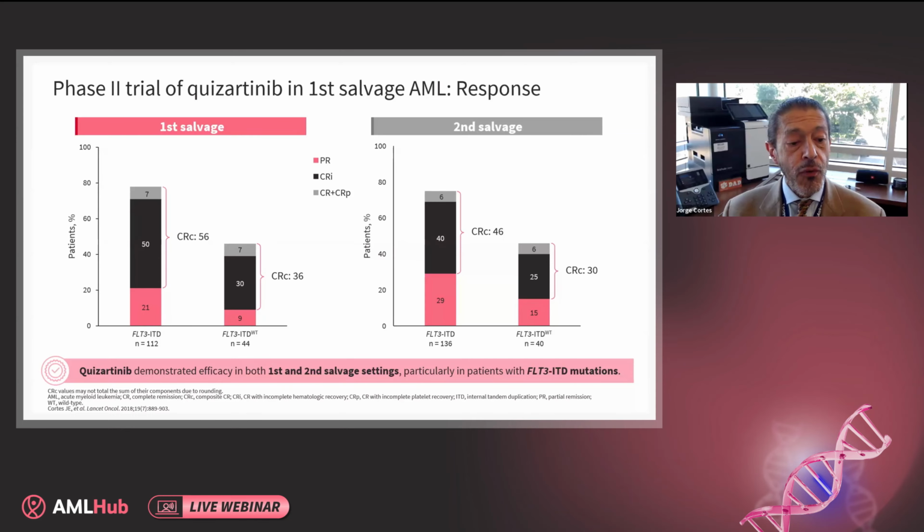This study included both patients with FLT3-ITD and patients without FLT3-ITD. And it was clear that the patients with ITD had a very significant response rate with CRc of around 50%, a little bit higher in the first salvage, a little bit lower in the second salvage, but very impressive responses.